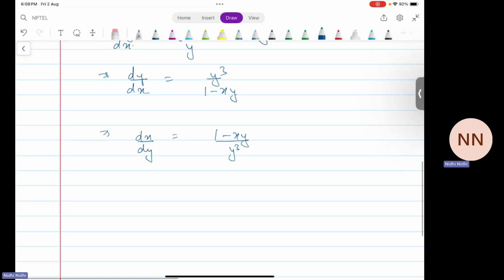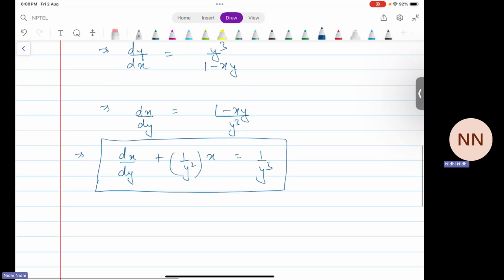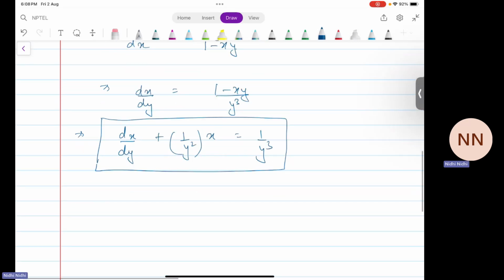Now I'll write it more precisely in the form of the linear equation, dx by dy plus 1 by y square x is equal to 1 by y cube. Now we all know how to solve such an equation. We start with integrating factor.